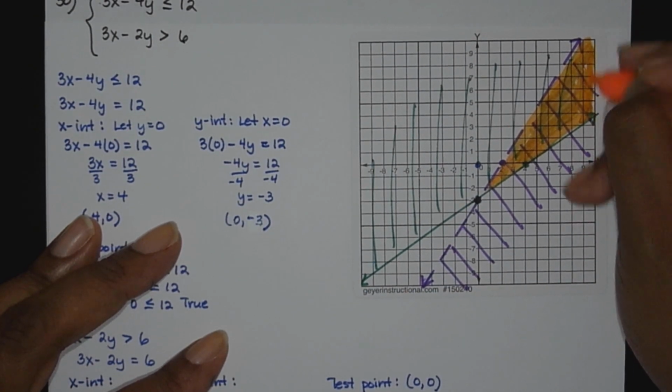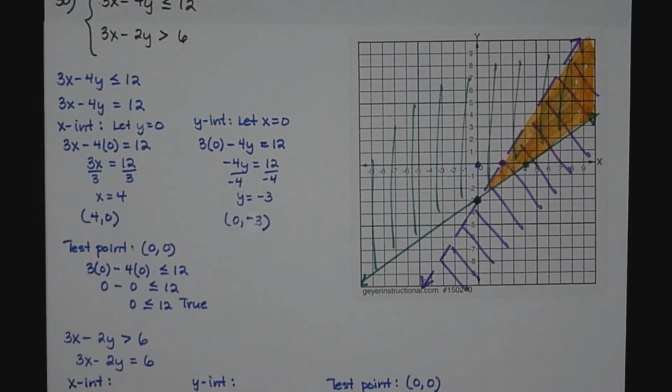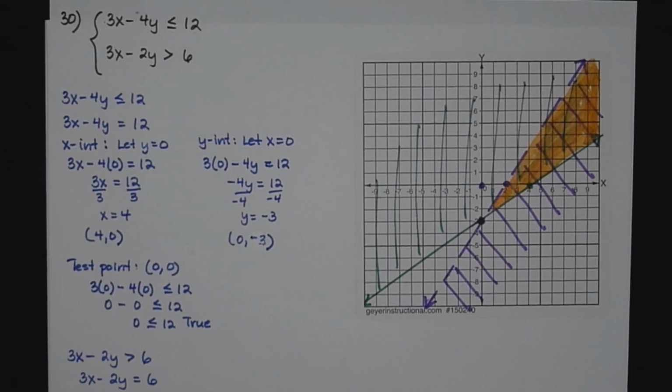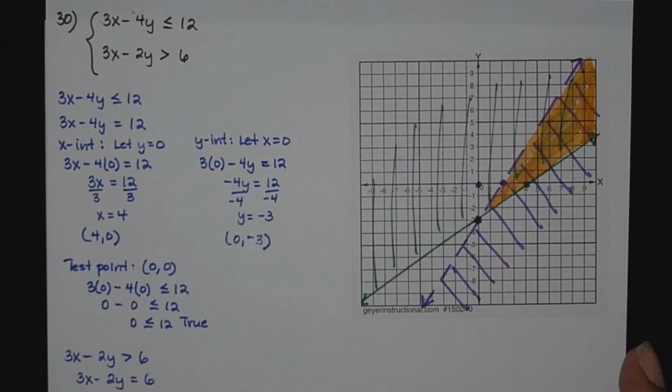So this orange shaded area represents the graph of the two inequalities: 3x minus 4y is less than or equal to 12, and 3x minus 2y is greater than 6. All right, are there any questions about problem number 30?